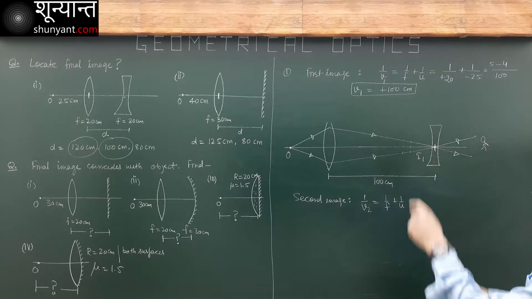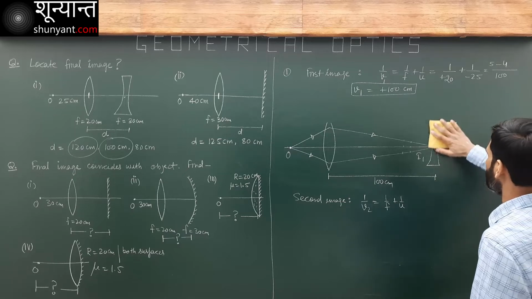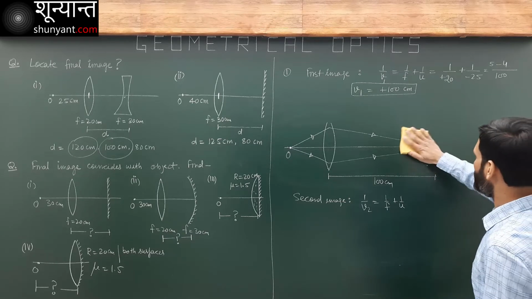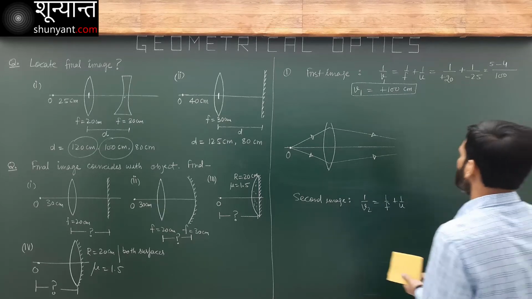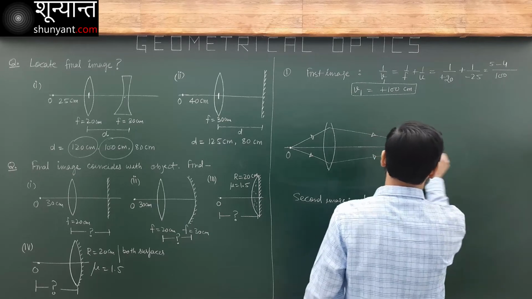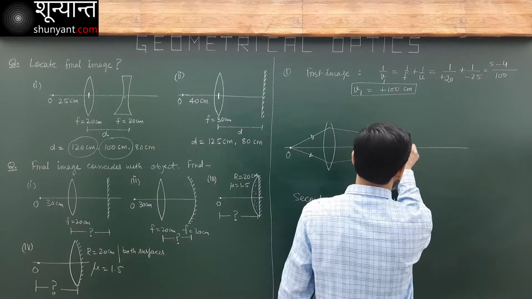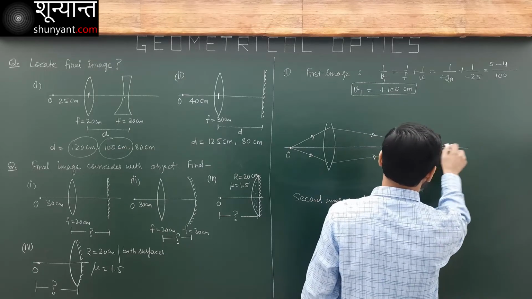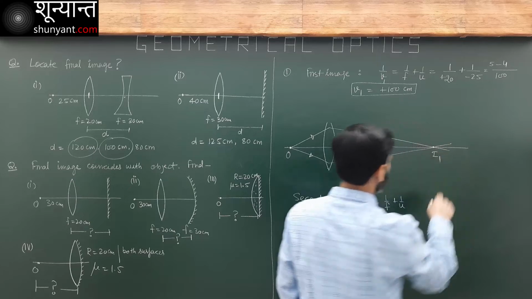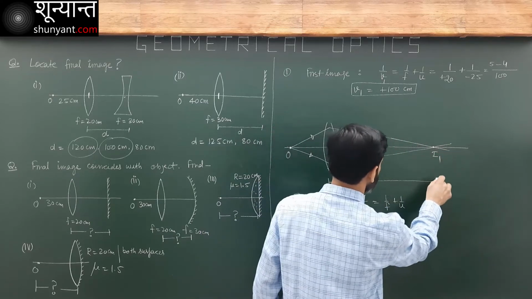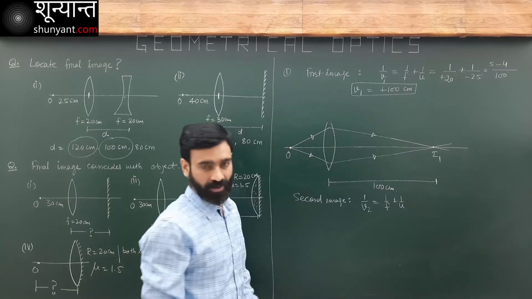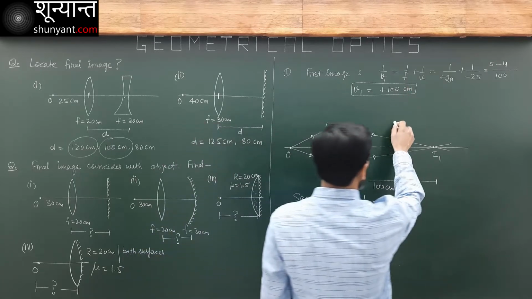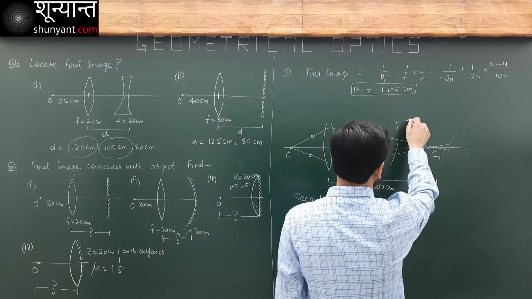Now, third case, 80 centimeter. That means I do not allow the light rays to converge. Before they converge, I am intercepting them. They are trying to converge here at a distance of 100 centimeter, but before they converge, I intercept these light rays like this.